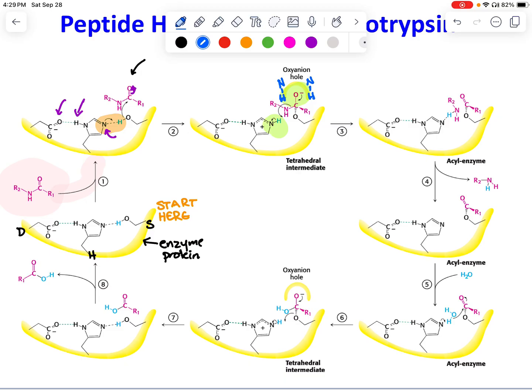And if you remember, as we stabilize the transition state, we're making this reaction happen more easily. So we form this tetrahedral intermediate because if you look at that carbon now, it has 4 bonds.